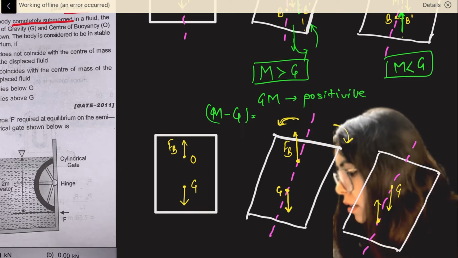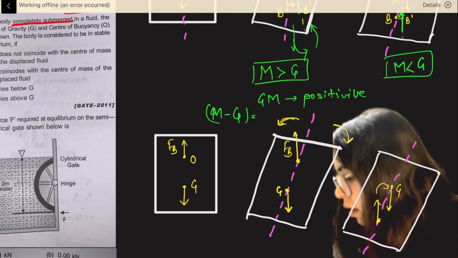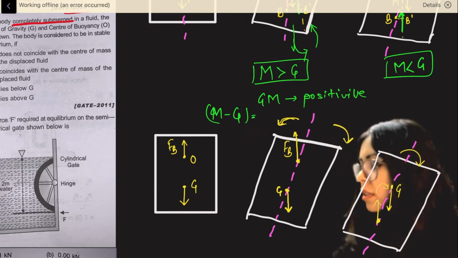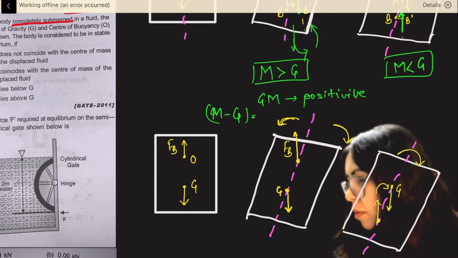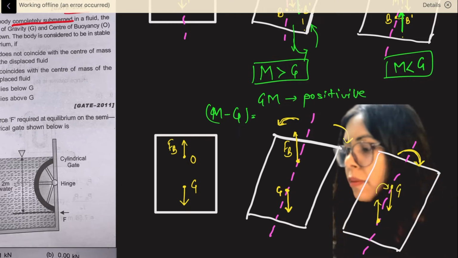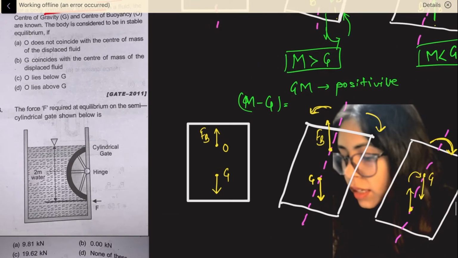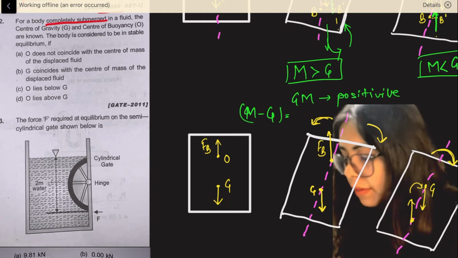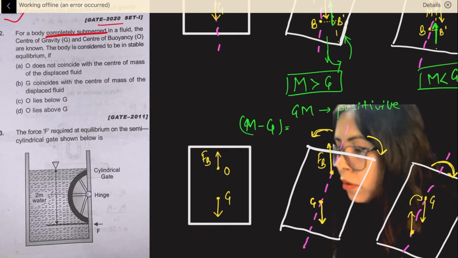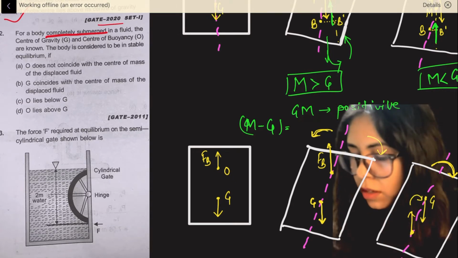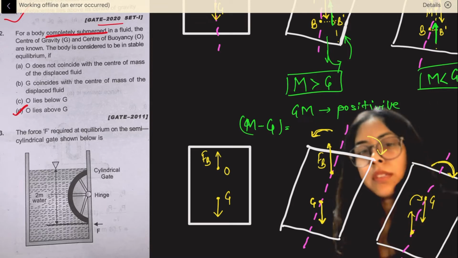See here, it is making a couple, and the couple is trying to tilt the body like this. So the body is not in a stable condition here. That means for the fully stable condition, we should have O lie above G. So option D is correct for this as well.